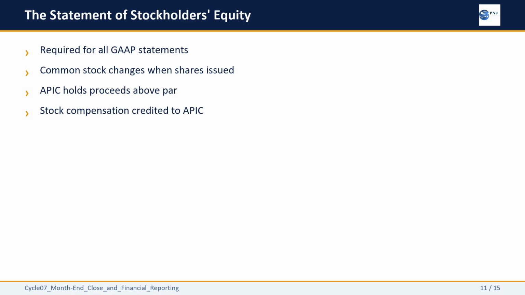Additional paid in capital, APIC, captures the proceeds from issuing stock above par value, and it is also where stock-based compensation expense is credited, with the matching debit landing in the income statement. By rolling each component forward from its opening balance, you give readers a clear bridge from last period to this one. Let us continue with the remaining components.